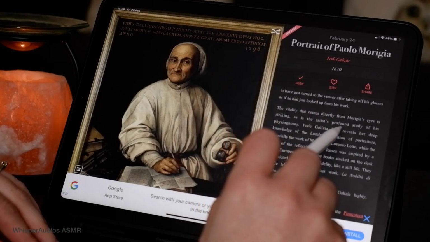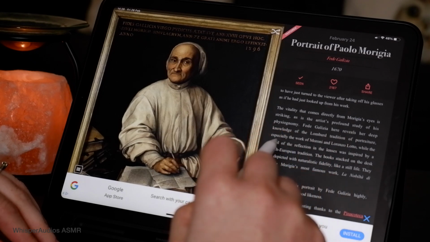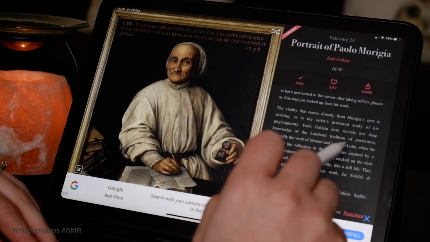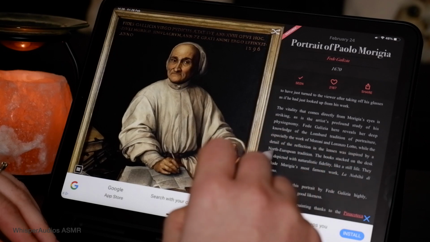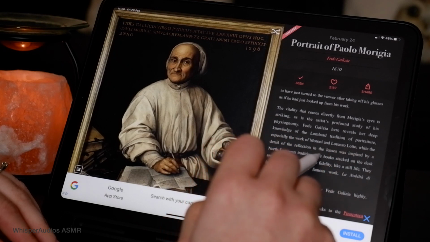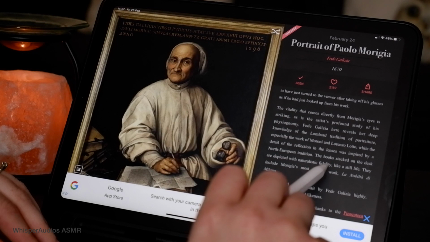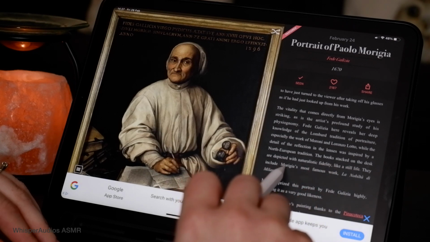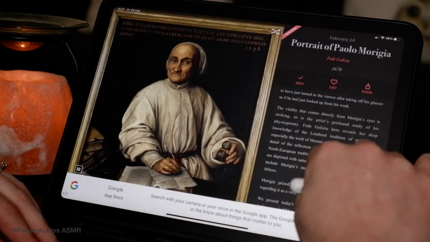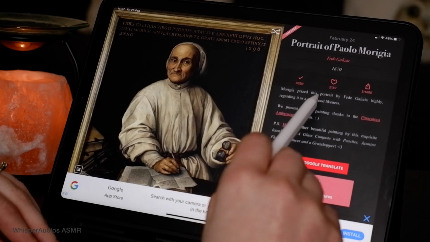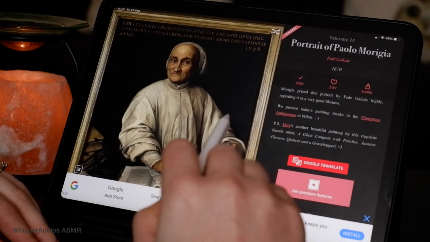Galicia here reveals her deep knowledge of the Lombard tradition of portraiture, especially the work of Moroni and Lorenzo Lotto, while the detail of the reflection in the glasses was inspired by a North European tradition. The books stacked on the desk are depicted with naturalistic fidelity, like a still life. They include Morriga's most famous work, La Nobilità di Milano. Morriga prized this portrait highly, regarding it as a very good likeness.